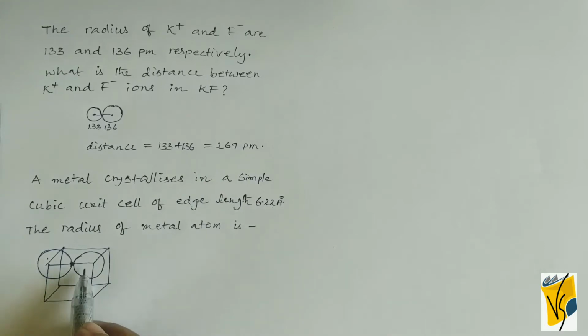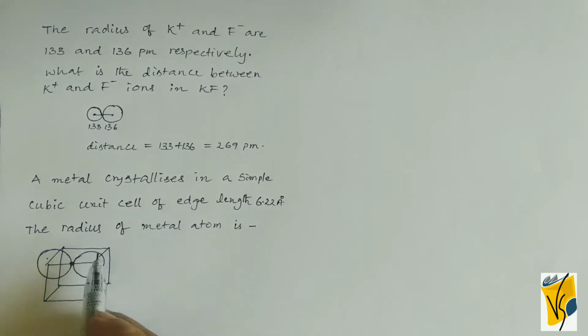So these are the two atoms touching each other along the edge like this. There are 6 more atoms. In total there will be 8 atoms present in the corners. 1 2 3 4 5 6 7 8.